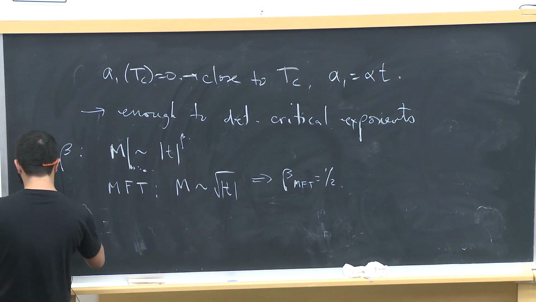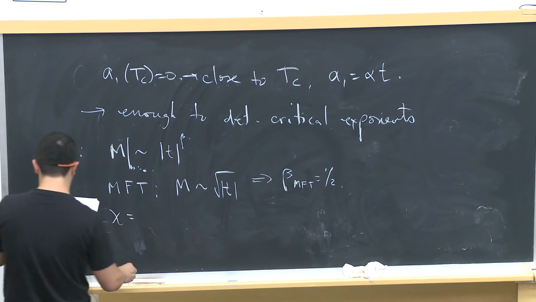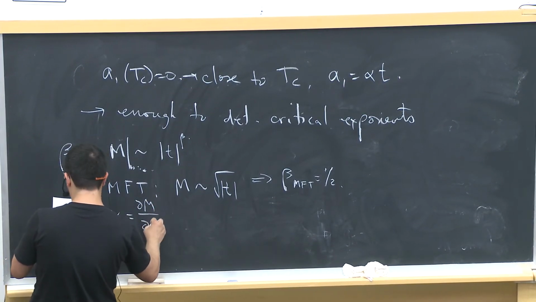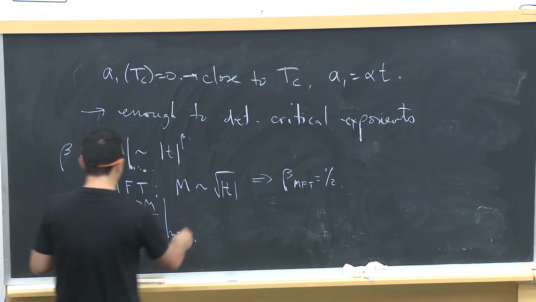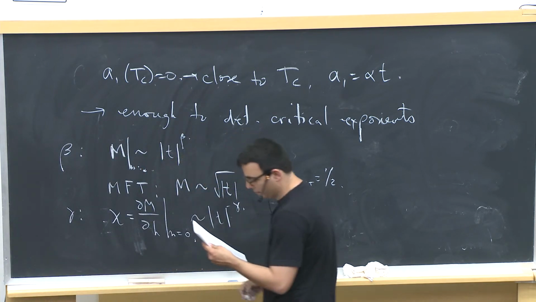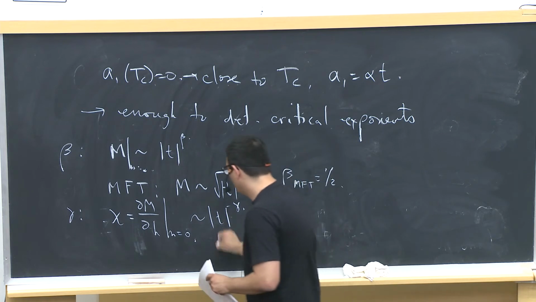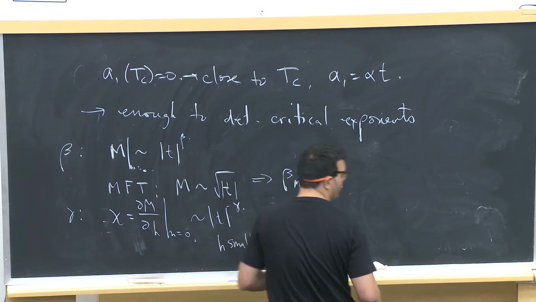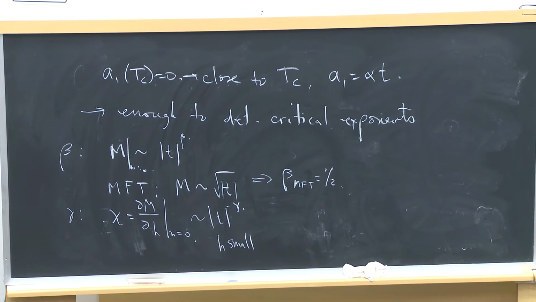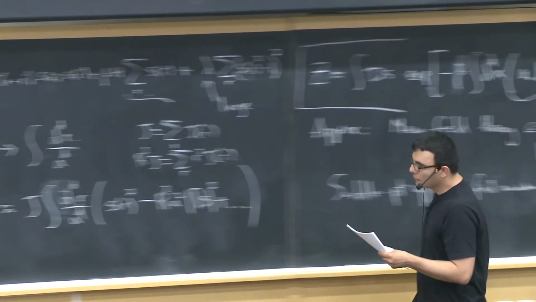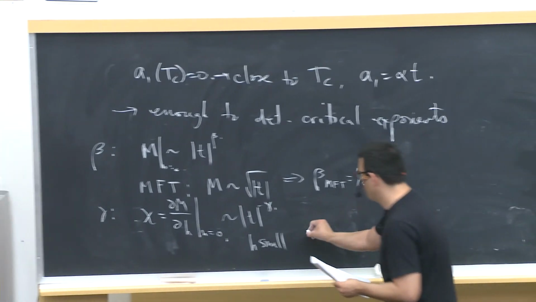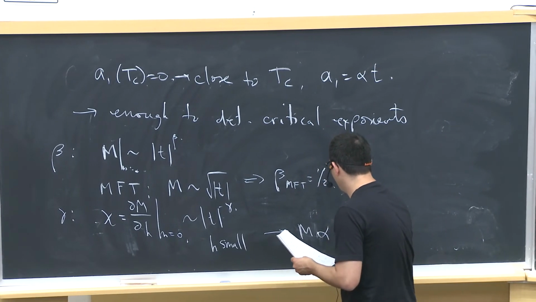We can do more, for instance gamma. So gamma was about the susceptibility, the derivative of the magnetization with respect to the magnetic field when H equals 0. And the question was how that depends on temperature. The definition was that it goes like T to the minus gamma. And we can see that when H is small, from that equation over there, the solution is that M is proportional to H over 2A1. So M is proportional to H over A1.